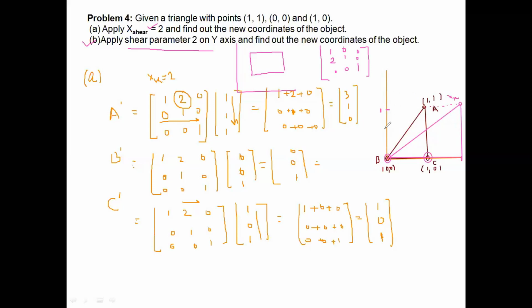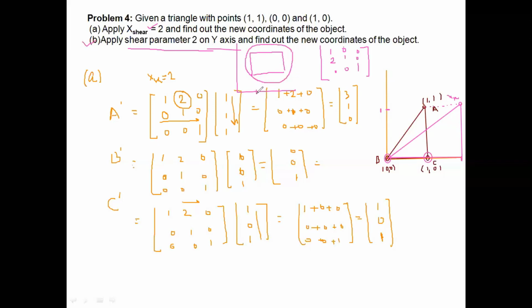So here you will get an object like this. You have to see where the object will be redrawn after calculating the new coordinates when this figure is sheared on y-axis. I have demonstrated on x-axis. You have to do it on your own on y-axis, as well as take another figure, a square.